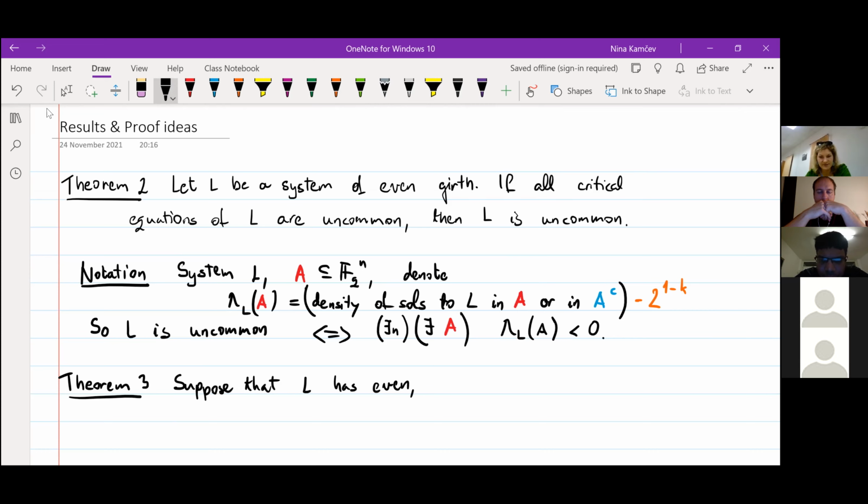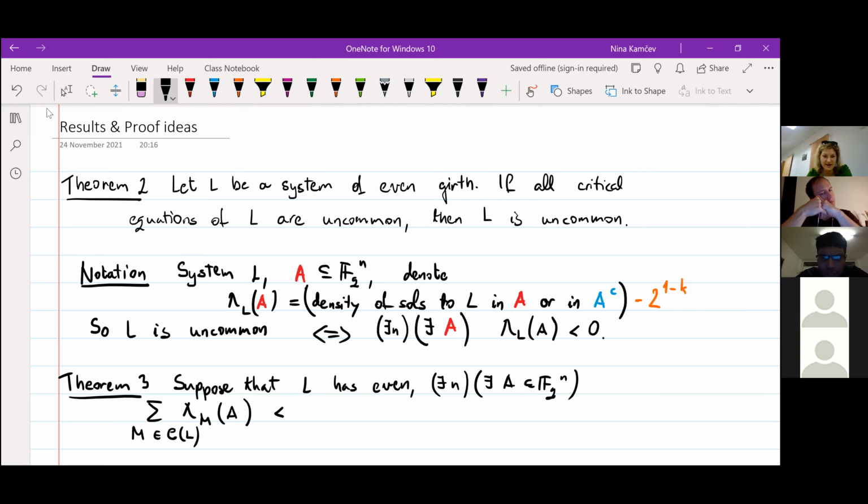And we suppose that there is an integer n and a coloring of F_q to the n such that, and this is important, we look at the contribution of critical equations of L, and we count how many solutions to each critical equation we have, and if that's negative, then L is uncommon.